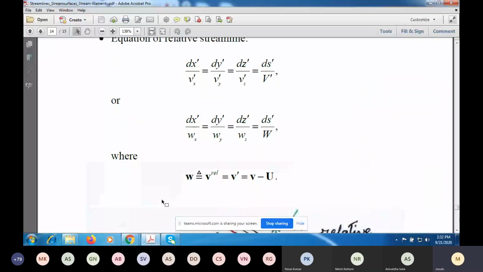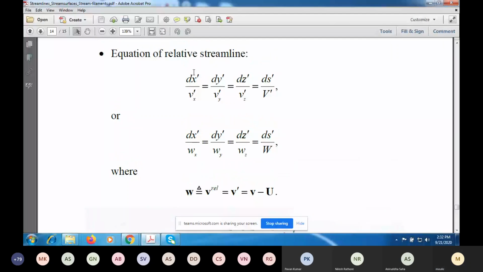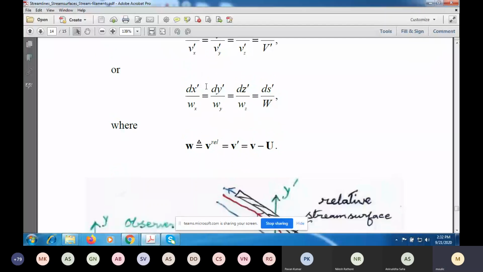Now is it clear what the meaning of dx prime is? For this particular simple case, we'll not worry about the third equation dz prime by wz because both are 0.